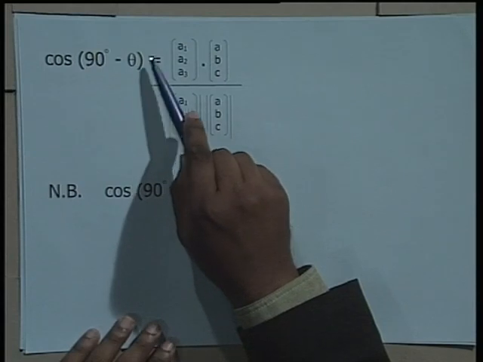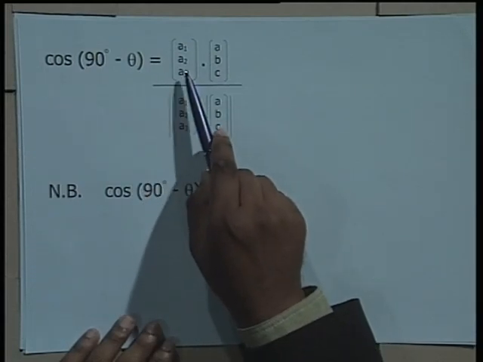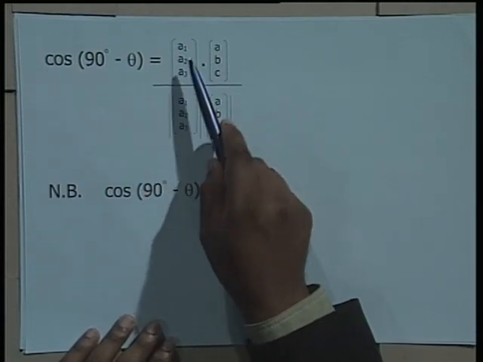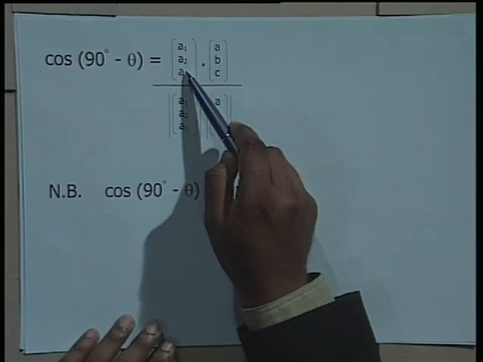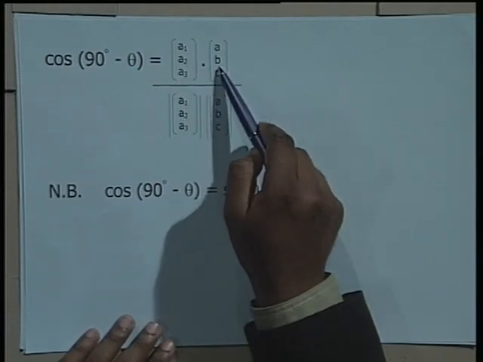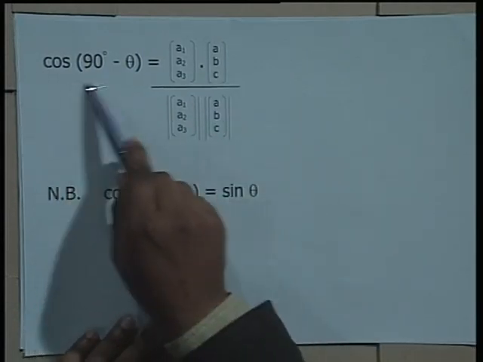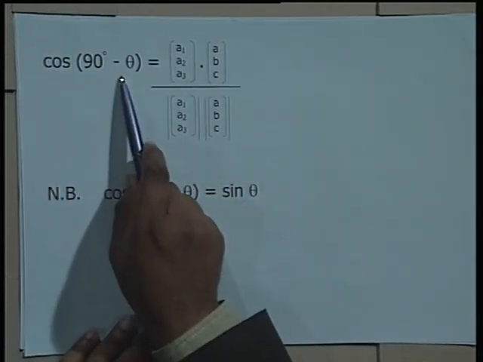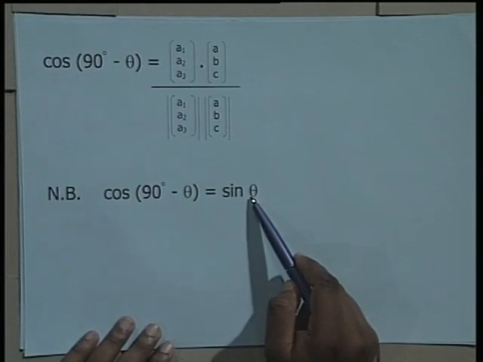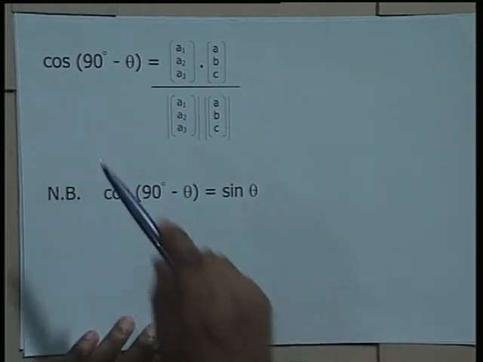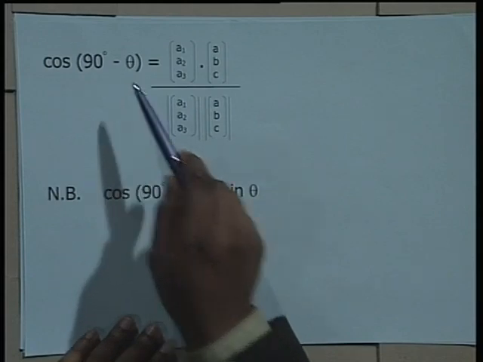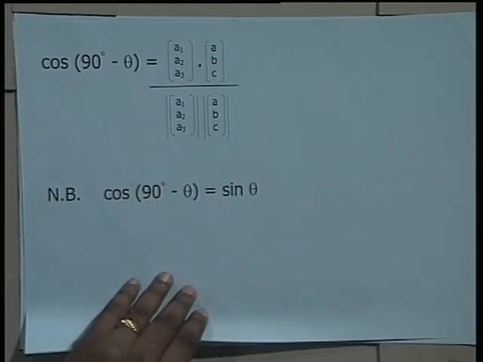Cos of 90 minus theta is obtained by applying the dot product on the direction vector of the line and the vector perpendicular to the plane. Note that we can replace in this formula cos 90 minus theta by sine theta. So instead of writing cos 90 minus theta, we would write sine theta.